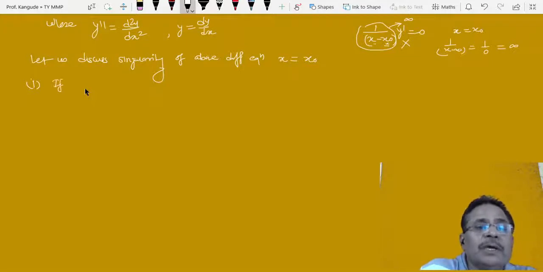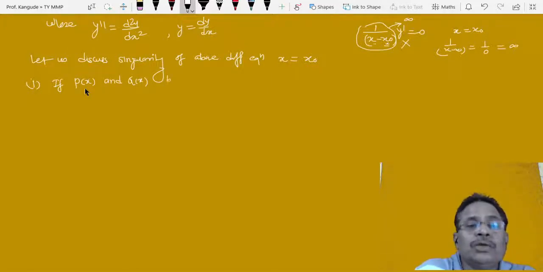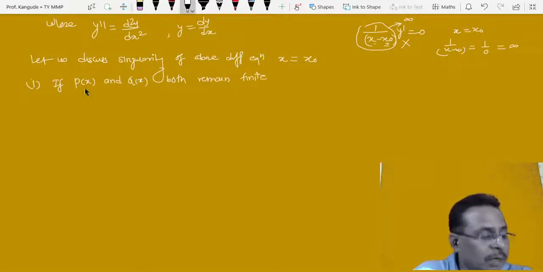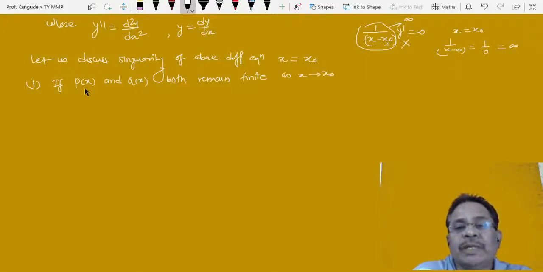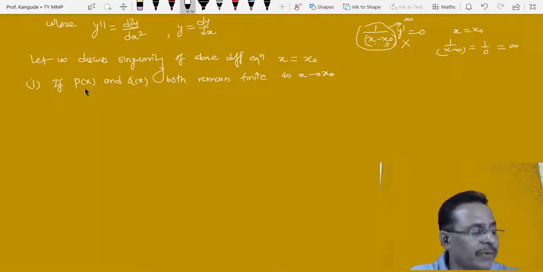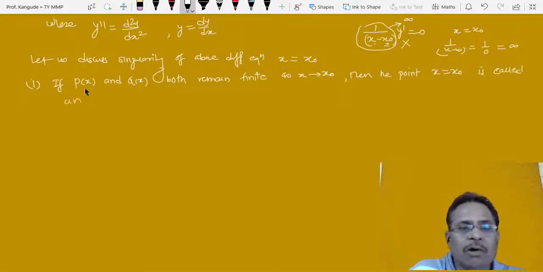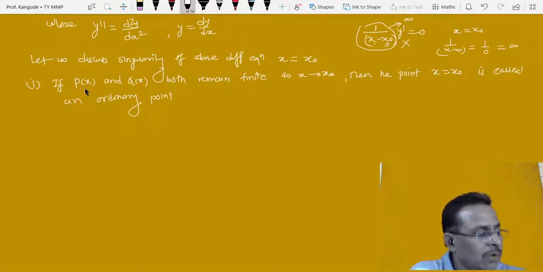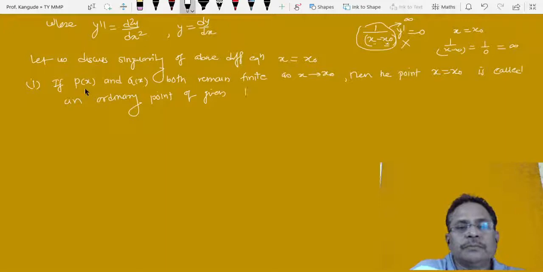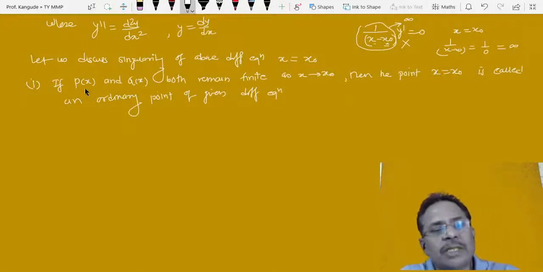We know that if the functions p of x and q of x, both remain finite as x tends to x0, so when the variable x takes the value x0, both p of x and q of x remain finite, then the point x is equal to x0 is called an ordinary point of the given differential equation.